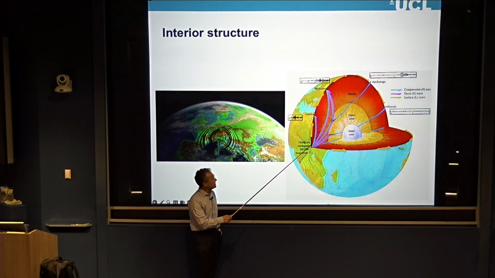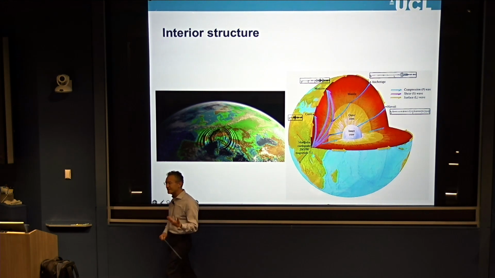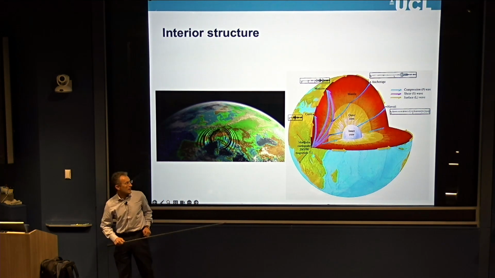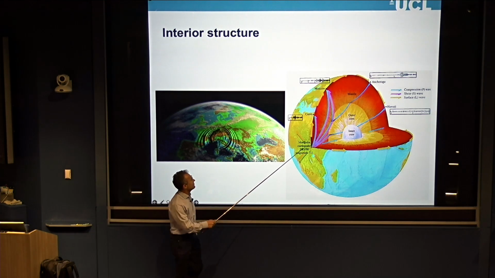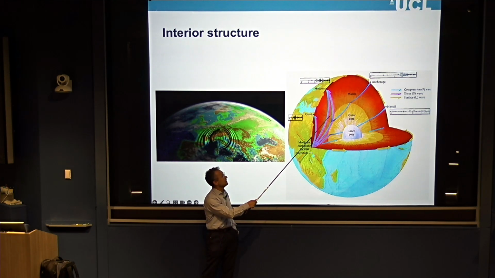And these waves follow a path that depends on the properties of the materials they travel through. In particular, they change direction, so they are refracted, when they meet, for example, an interface. So here it's an interface between the mantle and the core.